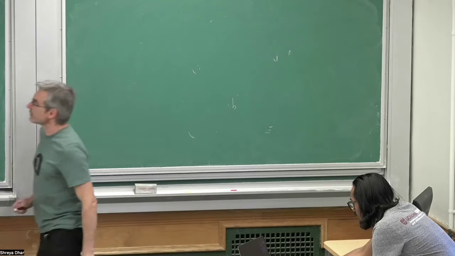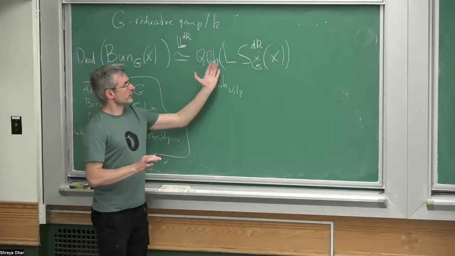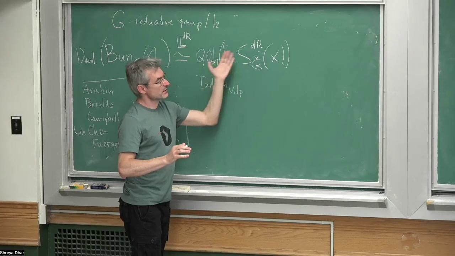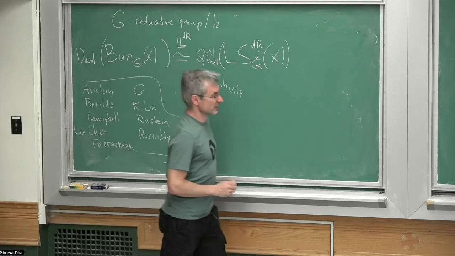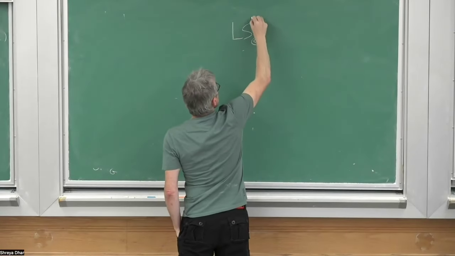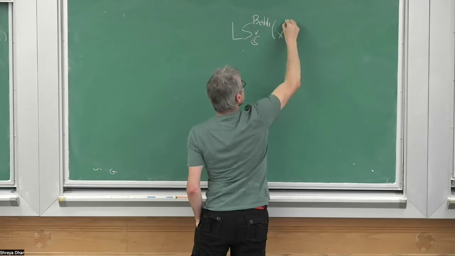Now let's go to the spectral side. It's easier to start with the spectral side with the Betti context. So what we do, we write here local systems in the Betti sense, and I'll tell you in a moment what they are.